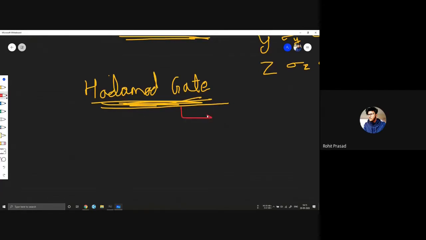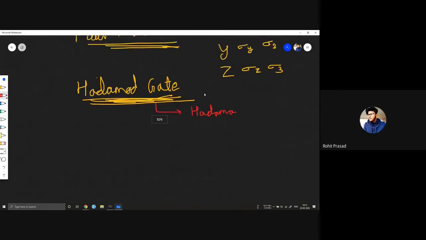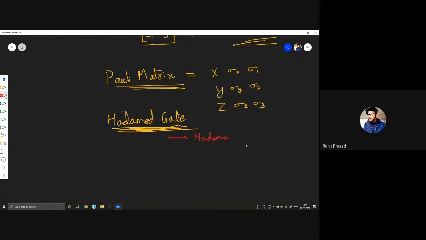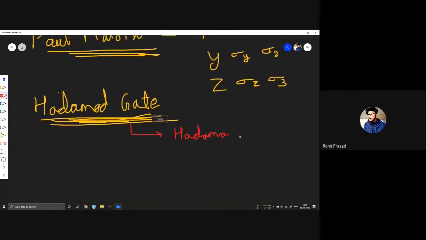This gate has been made from the transformation called the Hadamard transformation. Every gate in quantum computation is a rip-off of a vector transformation, so the Hadamard gate is a rip-off of the Hadamard transformation.